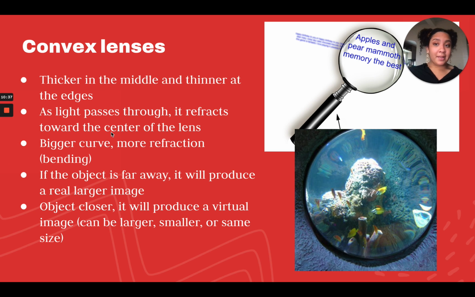If there's a bigger curve in the convex lens, there's more bending. If the object is far away, it's going to produce a real large image. You might see these as bubble things at an aquarium. That is a convex lens. Those fish are not actually that big, they just look like it because of these lenses. A magnifying lens is also a convex lens, and it makes a larger real image. If an object is closer to that lens, it's going to produce a virtual image, which means it's not really there.